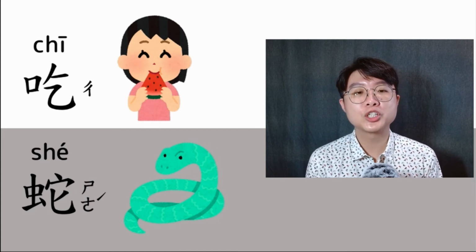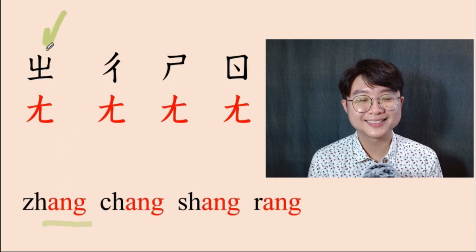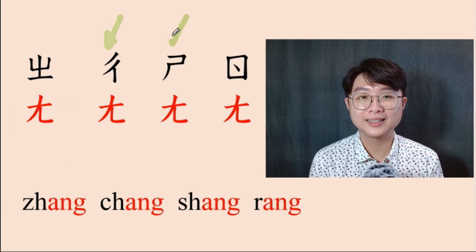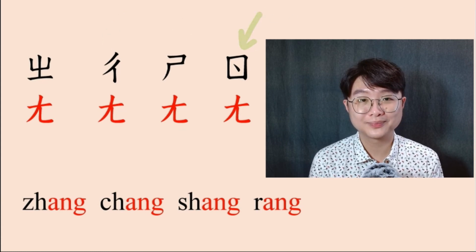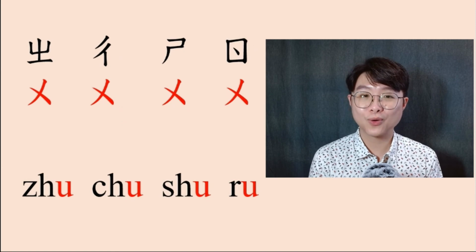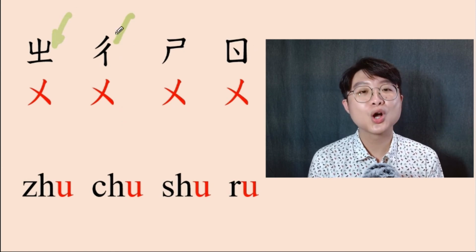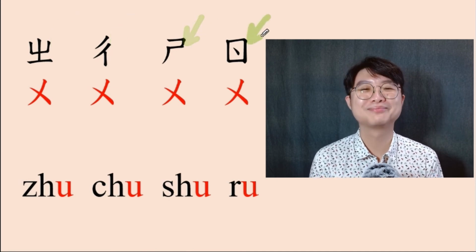When these four zhi, chi, shi, ri go with ang, follow me. 张 昌 商 让. And when these four go with u, 猪 出 shu, ru.